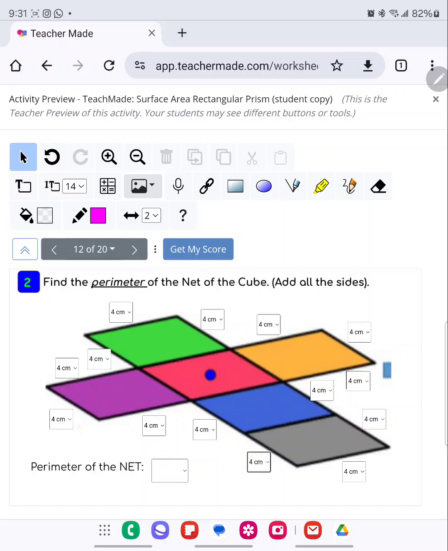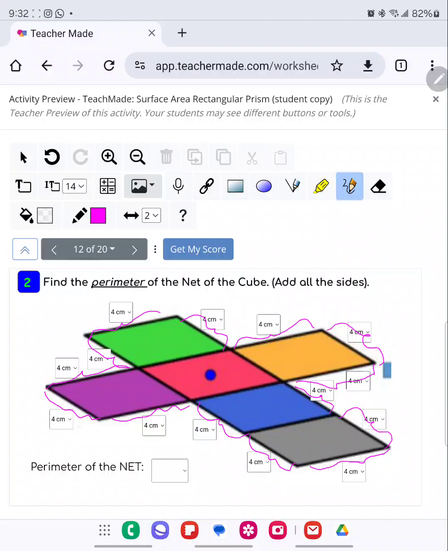Okay, so how many times are we going to have to add the 4 centimeters, because we want to find the perimeter around the net, right? In this case, we're going to either add the 4 or you can multiply the 4. So we have 1, 2, 3, 4, 5, 6, 7, 8, 9, 10, 11, 12, 13, 14.